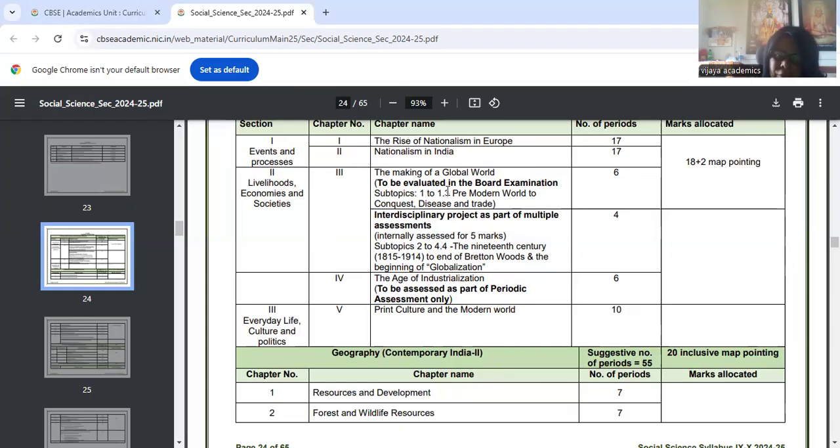In this, the making of a global world, you are going to remember only subtopics 1 to 1.3, the pre-modern world to conquest, disease, and trade. These topics are going to be evaluated in the board exam, and the number of periods is 6. Next, the rest of the making of a global world will be part of IDP, that is the interdisciplinary project, as part of multiple assessment.